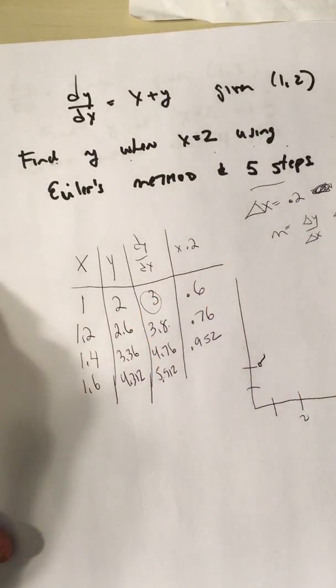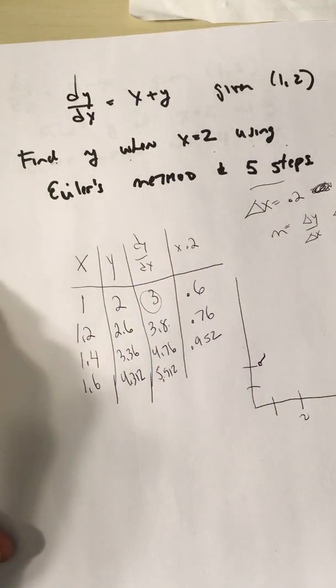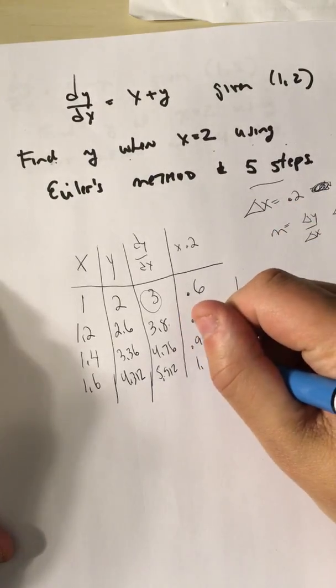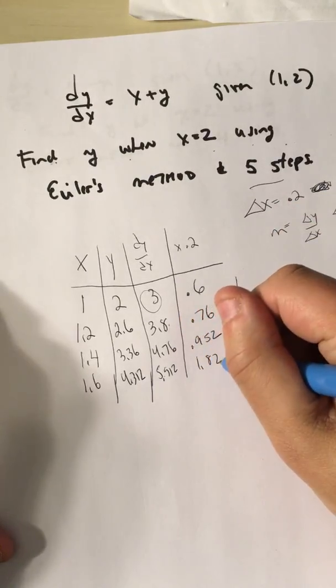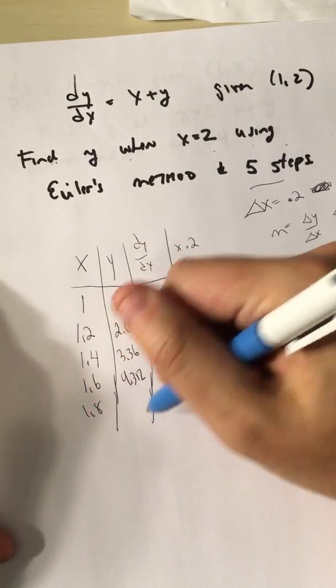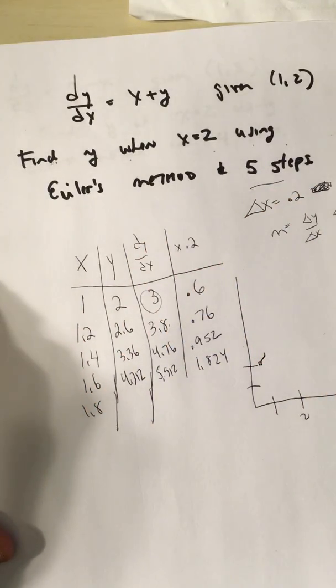5.912 times 0.2 is 1.824. Oh my God, this takes forever. 1.8. Add that to 4.312.